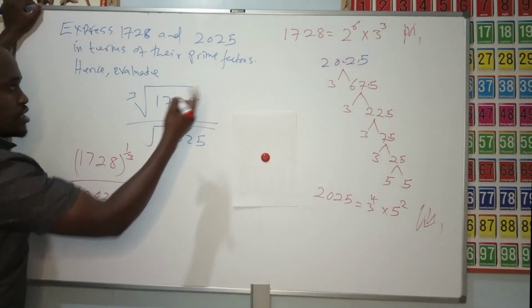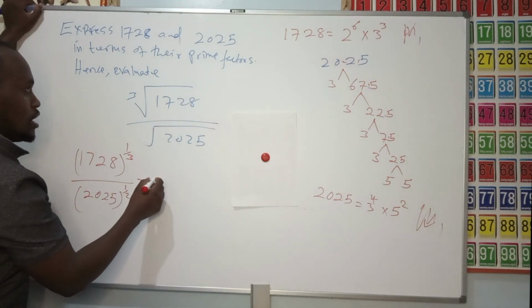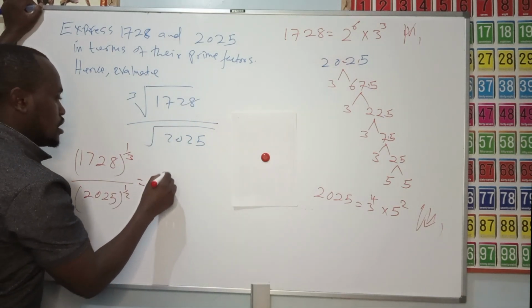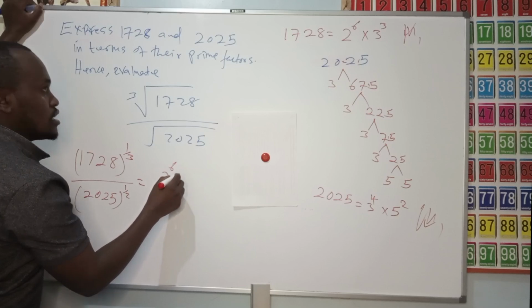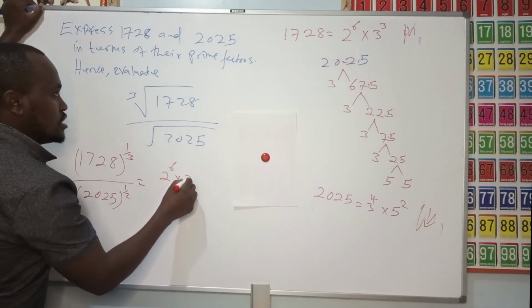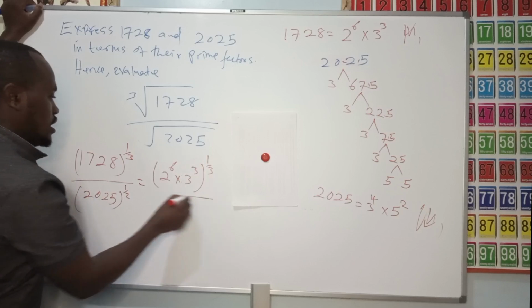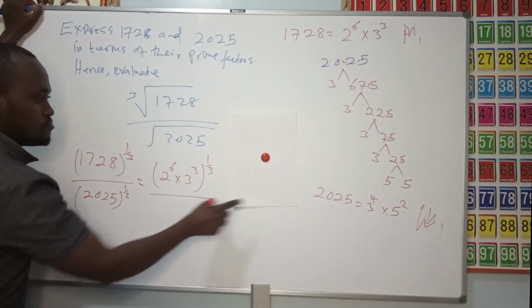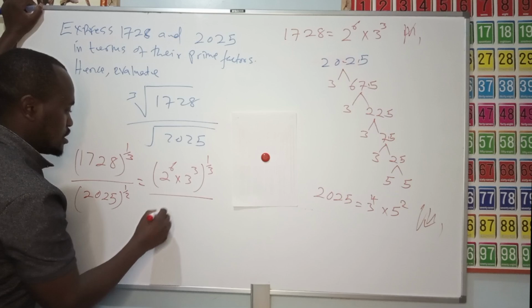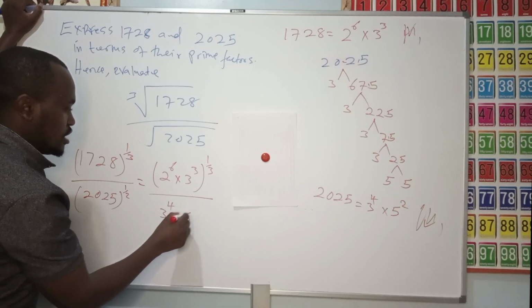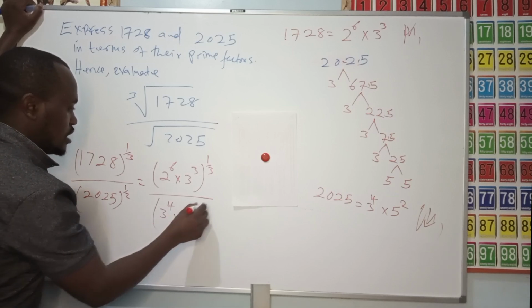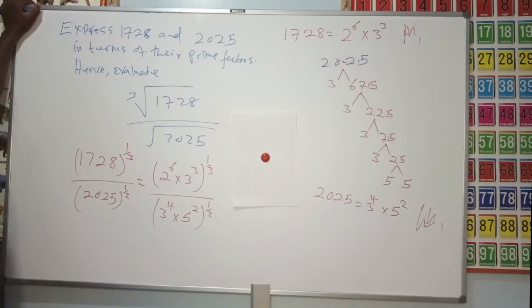Now, write what you have there. You have 2 raised to 6 times 3 raised to 3, raised to 1 over 3, and here you have 3 raised to 4 times 5 raised to 2, raised to a half.